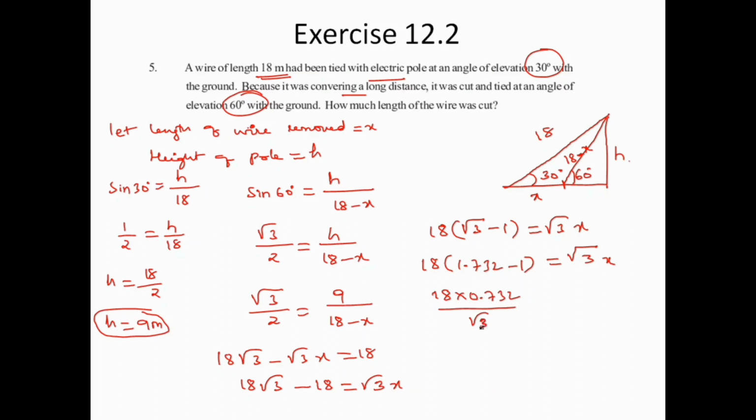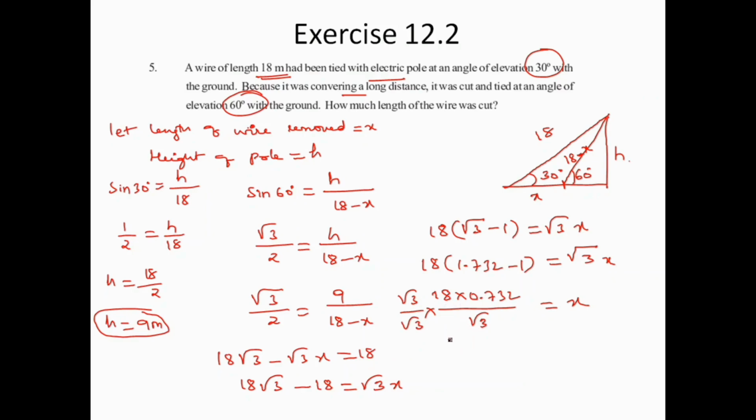As we have root 3 here, I'm rationalizing the denominator and the numerator. So whatever is left out, we need to take it out. I think we are left with 18 into 0.732 by root 3, which comes out to be 6.